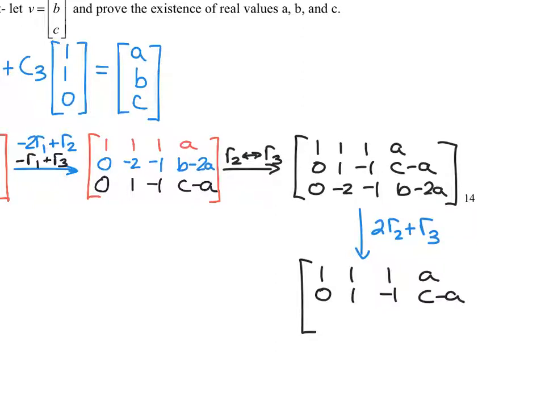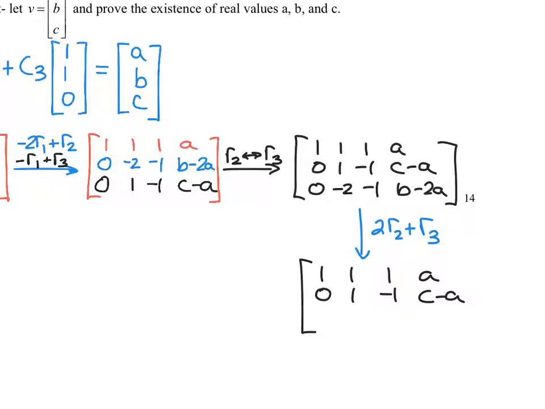The first 2 rows are going to stay put. 1, 1, 1, A, 0, 1, -1, C minus A. The third row is the one that's going to get manipulated.